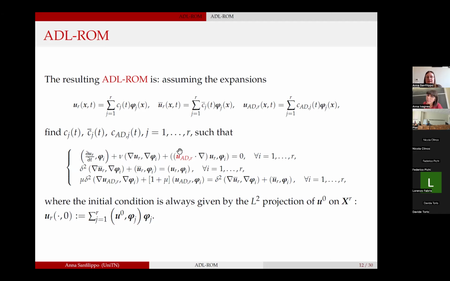So if you have these here and also here, in a certain sense this is becoming a forcing term, no longer a proper part of the problem, because we are always solving the problem for UR. UR is what we want to have in the end. And so it's basically replacing the problem in U and mixing it with a problem in UR or U bar or UAD.